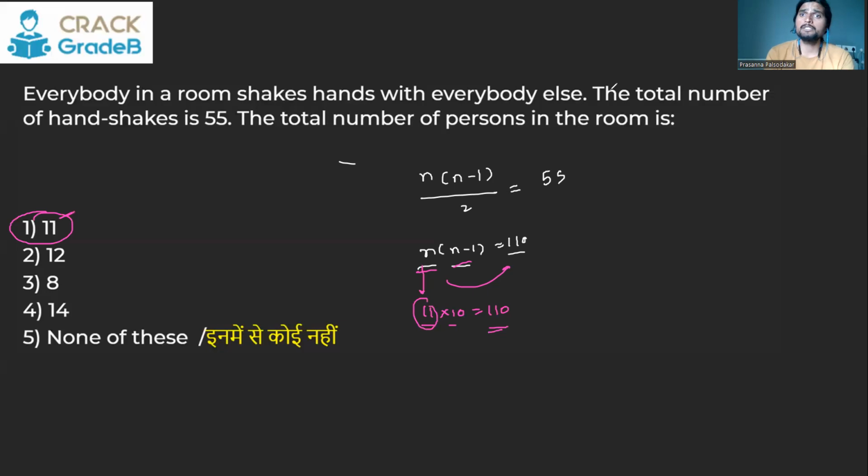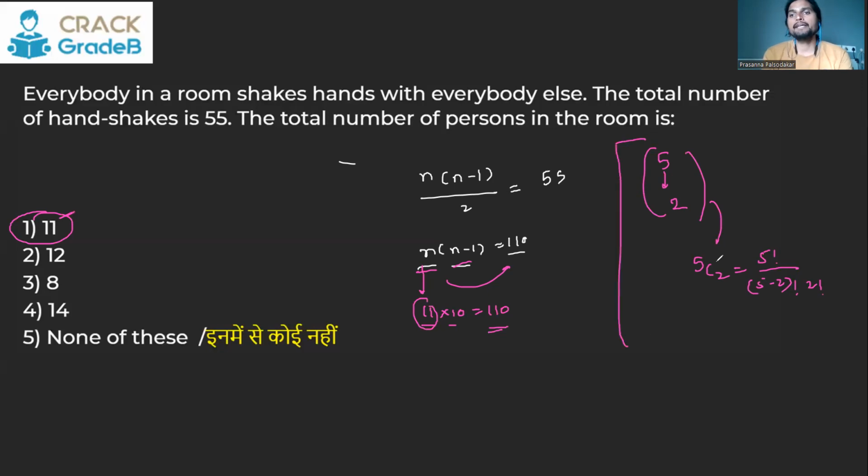But the application of it in probability is, if you have to select 2 articles out of 5 articles, for example, you write it as 5C2 and you expand it as 5 factorial upon 5 minus 2 factorial into 2 factorial. This part is essential for probability, and that is why even if you understood this much along with the typical questions, that should be sufficient.